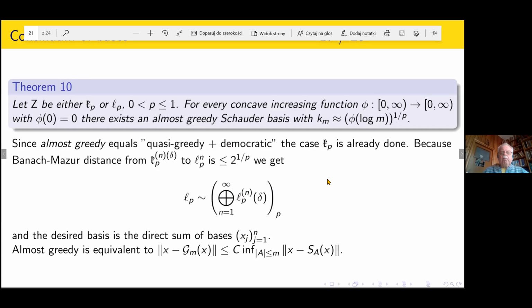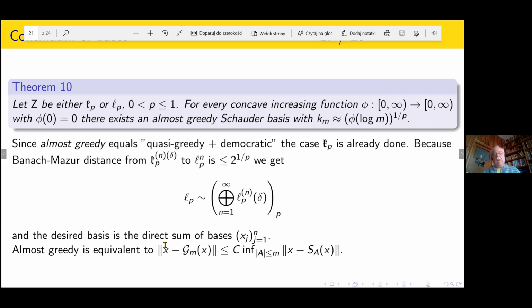Now, you see, almost greedy is a funny and interesting concept, I think, because almost greedy is quasi-greedy and democratic. Quasi-greedy I already talked about for more than half an hour, so you may have got used to it, but this almost greedy is fine. But look, almost greedy is equivalent to this estimate.